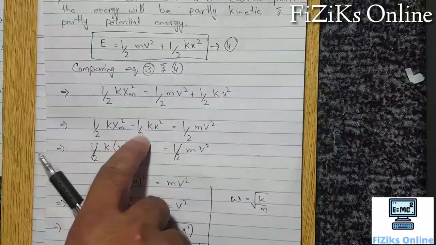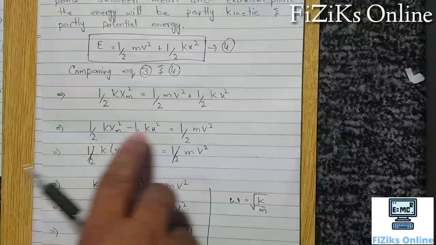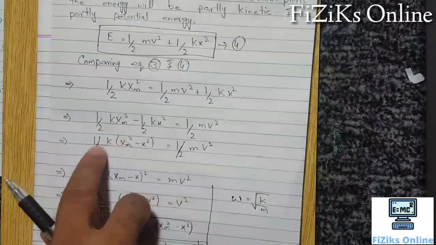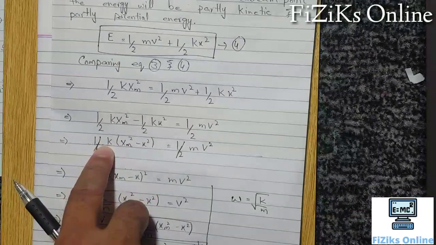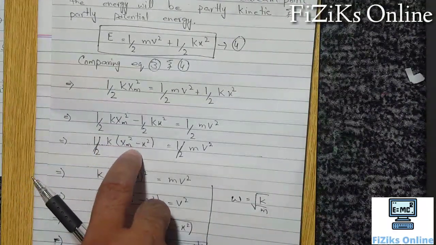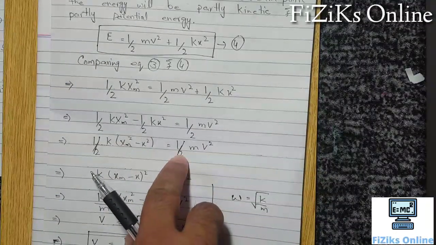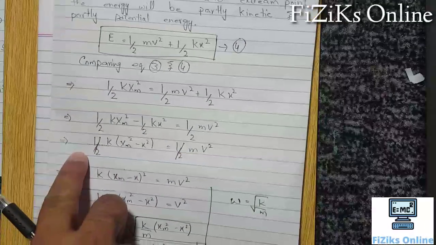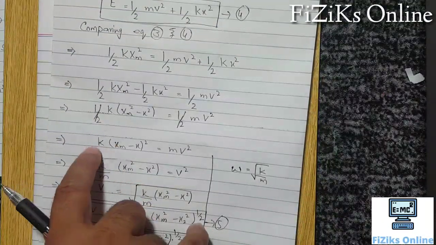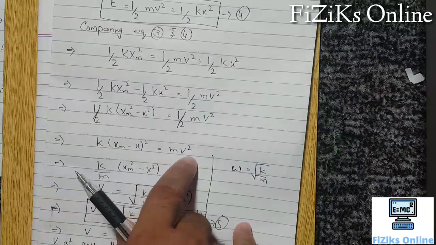It becomes minus half kx squared. So 1 by 2 k is common. I wrote it outside the bracket, and inside the bracket we are left with xm squared minus x squared equals half mv squared. We will cancel 1 by 2 with 1 by 2. The remaining term will be k into (xm squared minus x squared) equals mv squared.